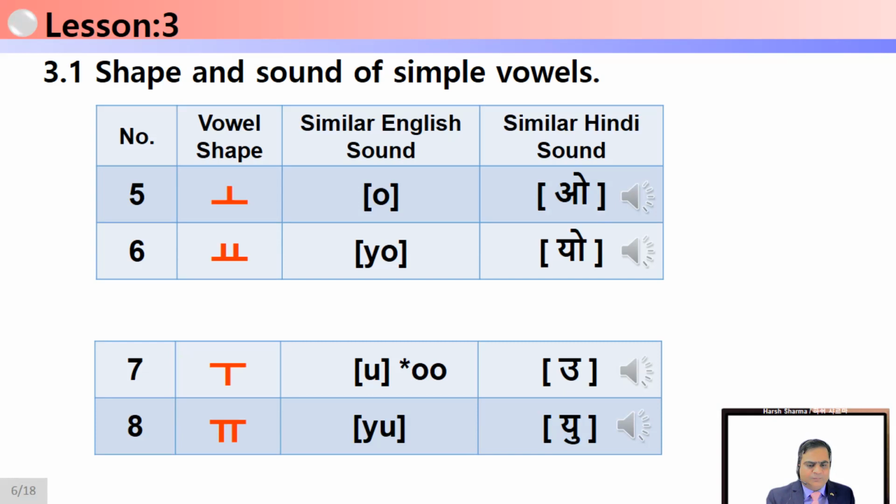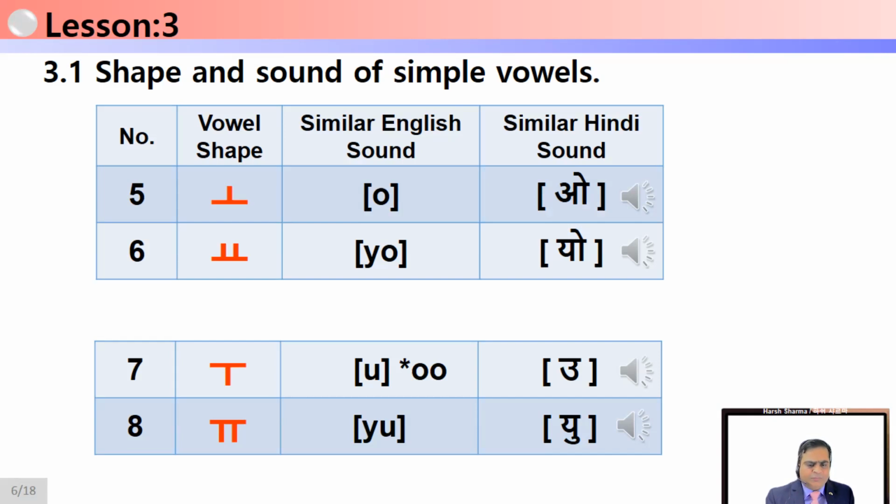Number 8, very simple, yoo. Add one more line in oo, and it will change to yoo. Write 5 times and repeat the pronunciation. So we have completed a total of 8.